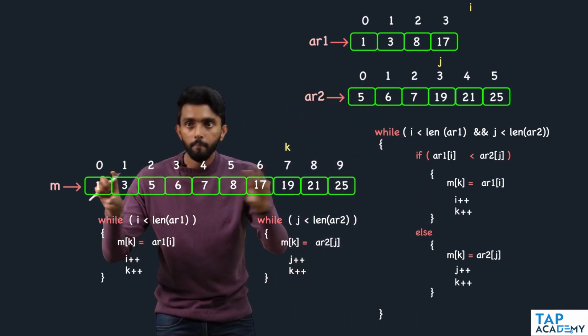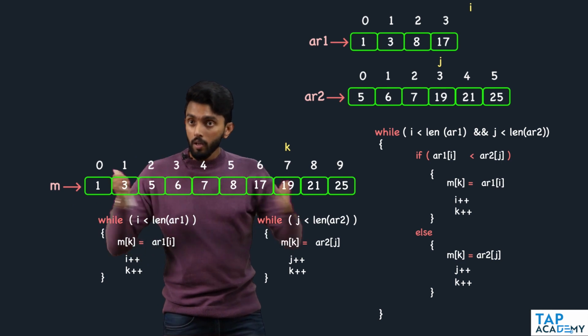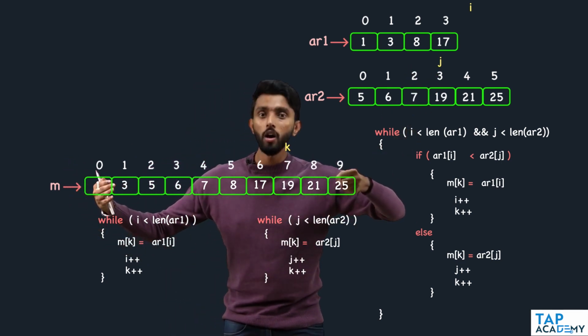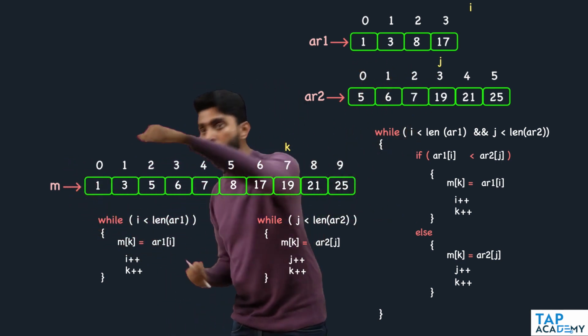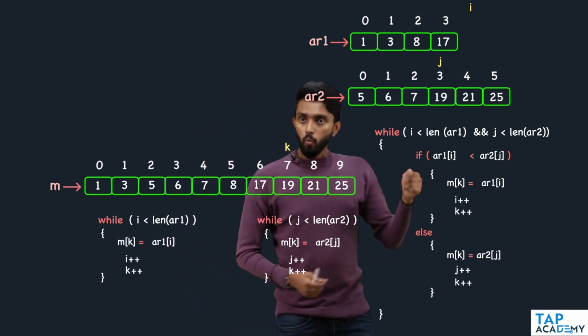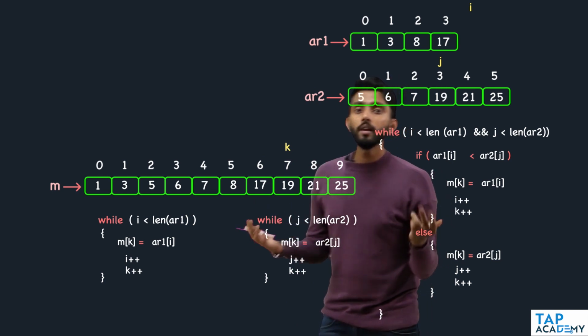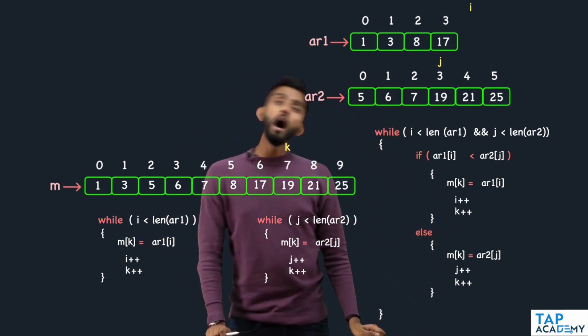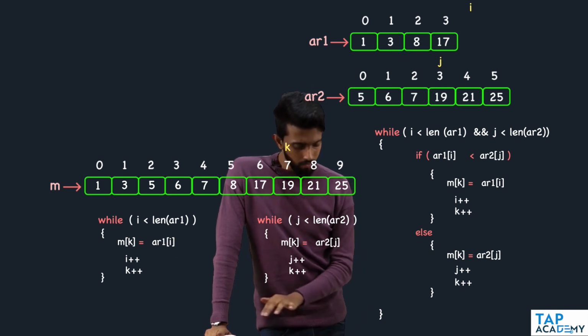So look at n. Have you got the merged version of array 1 and array 2, and is it also sorted? Definitely it is. Once you do this, then all that is remaining for you is to find the median. How will you find the median? Very, very easy.